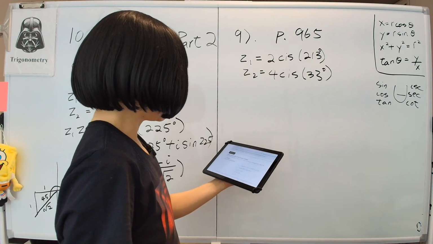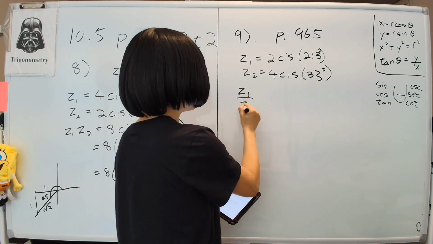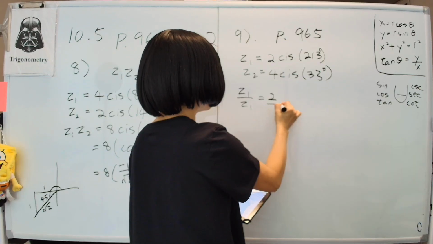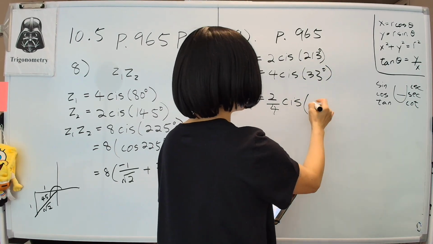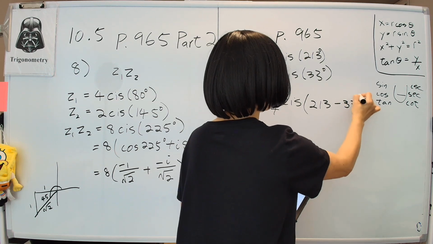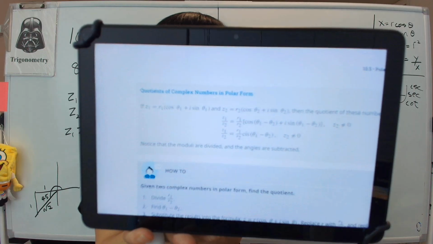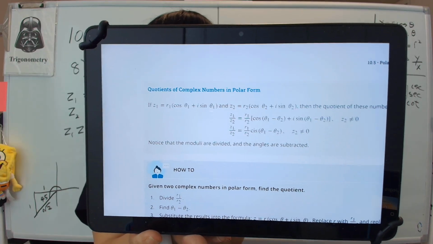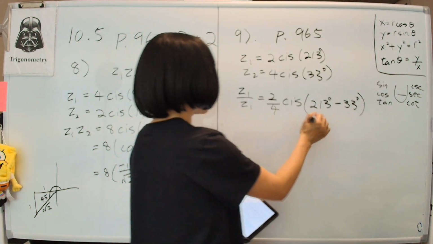Therefore, following the formula, Z1 divided by Z2 is equal to the r's dividing each other, 2 over 4, and then CIS of the angles subtracting each other, so the angle will be 213 minus 33. I am following the formula that's right on top of this page that I showed you earlier. The formula says divide the r's and subtract the angles, and that's what we have here.